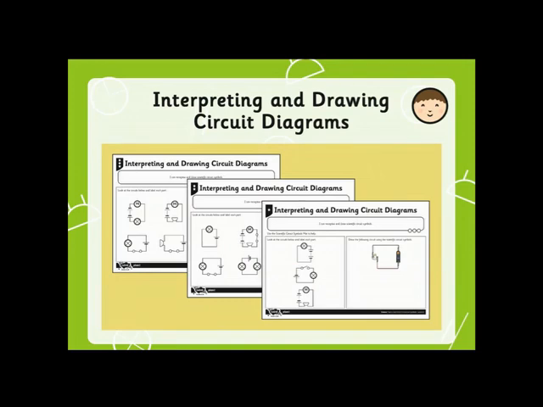Right, so how many can you remember? Can you draw as many of the circuit symbols as you can?